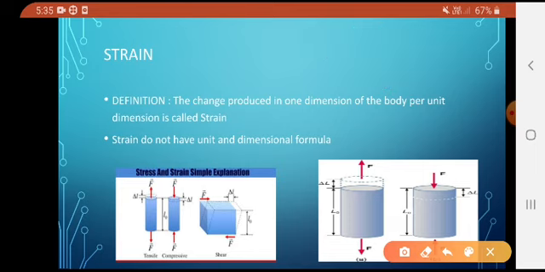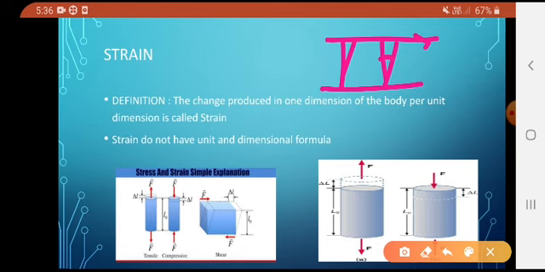And next one is the lateral strain, the shearing strain. It is defined as the angle through which the object is moving. Defined as the ratio of relative displacement between the two layers under the action of a tangential force.